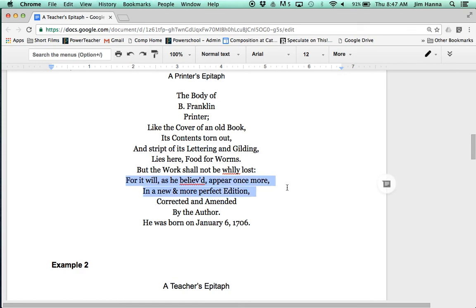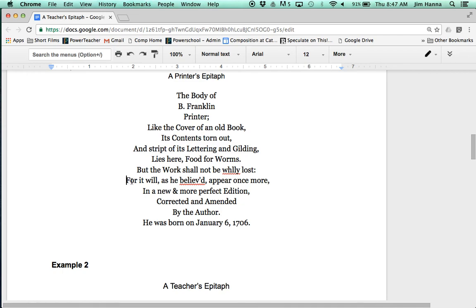Okay, so this last part I think is interesting and important to mention because this is actually referring to a very religious idea, really. And so I'd ask the question, were we in class, who is the author to which Franklin refers? And if you say God, then that is correct.